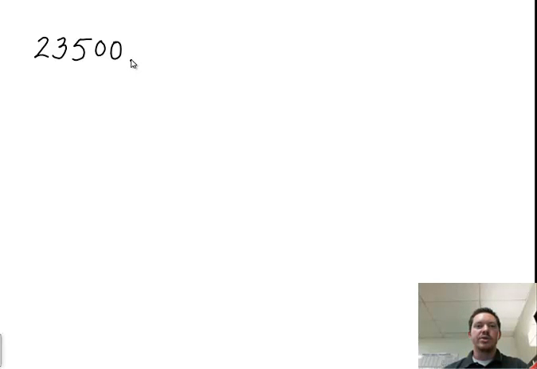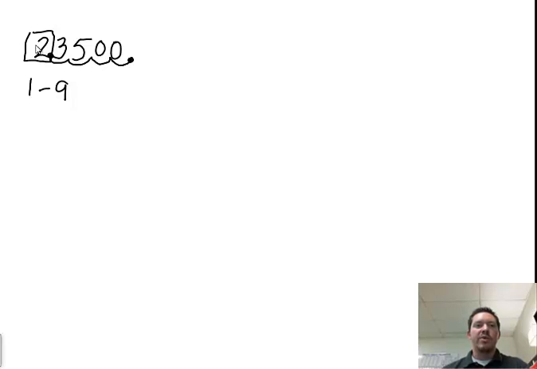So I'm going to place my decimal point in there, pretending that decimal's there. I'm going to then move my decimal over to where it's between the 2 and the 3. This first number, when I write scientific notation, can only be a number between 1 and 9. So it can't be 0, it can't be 10.